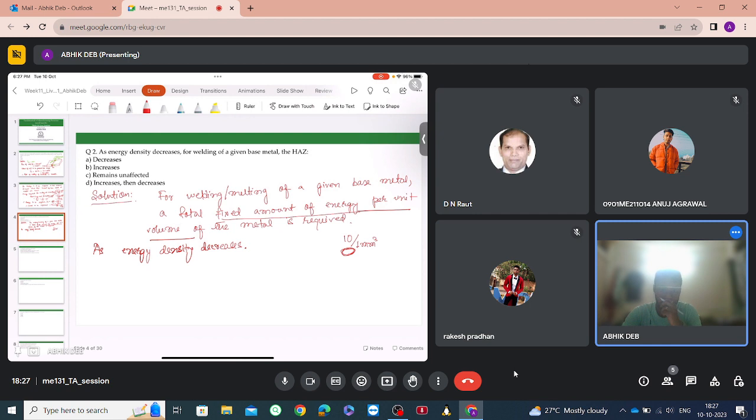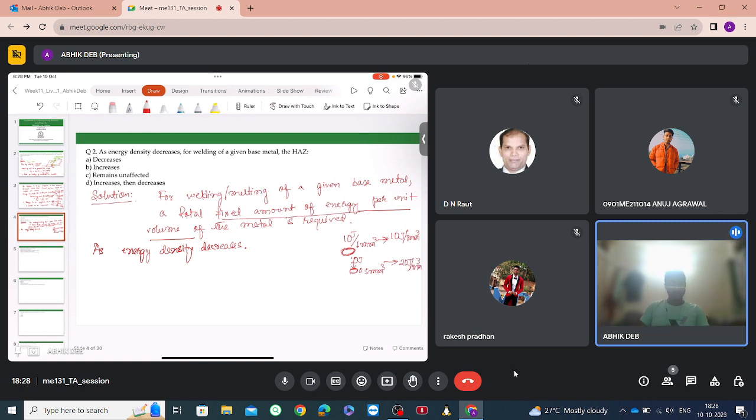Okay, the energy density will be 10 joule per millimeter cube. Okay, now if the 10 joule is supplied to 0.5 millimeter cube, then the energy density will be 20 joule per millimeter cube.